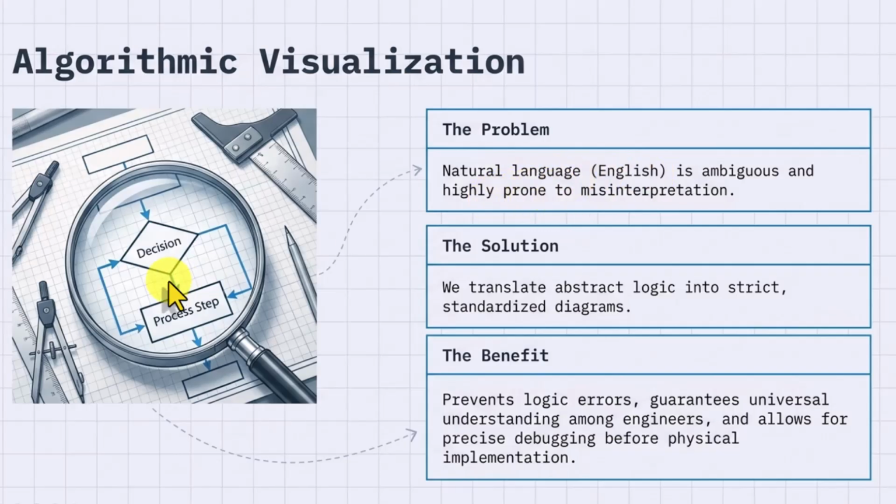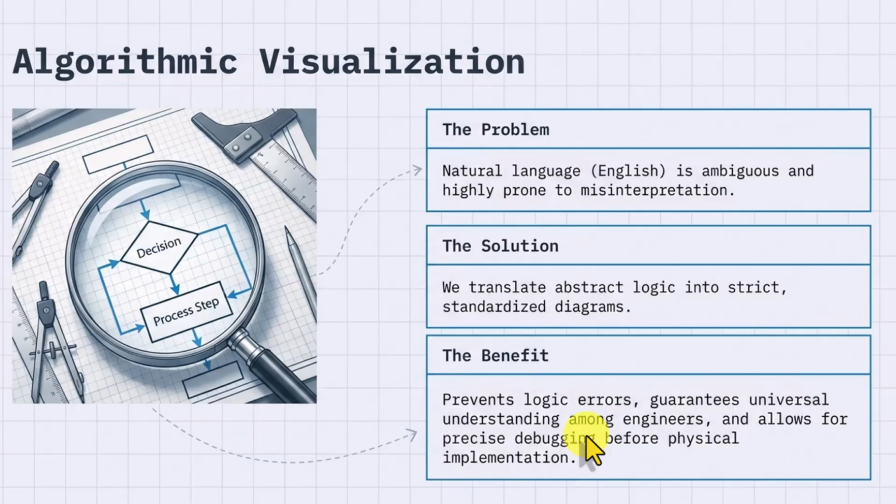If I write things in sentences, people may take different meanings from that. So the solution is we translate abstract logic into strict standardized diagrams. What is the benefit of that? Simply that it prevents logic errors, guarantees universal understanding among engineers, and allows for precise debugging before physical implementation.